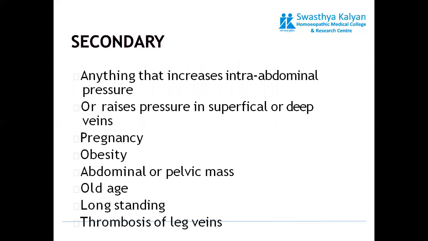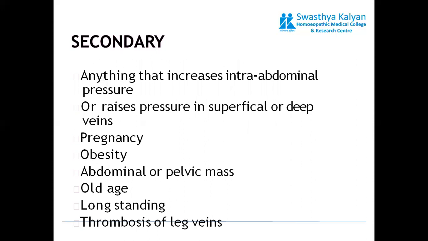Secondary varicose vein: anything that increases intra-abdominal pressure, which won't allow the blood to travel to the deeper veins and provides more resistance to the flow of blood towards the heart, or a rise in the pressure in the superficial or deep veins.